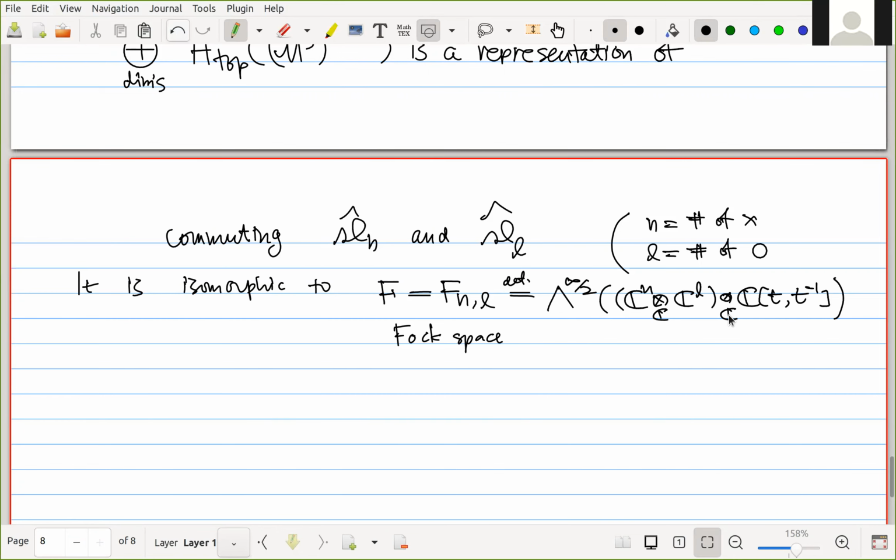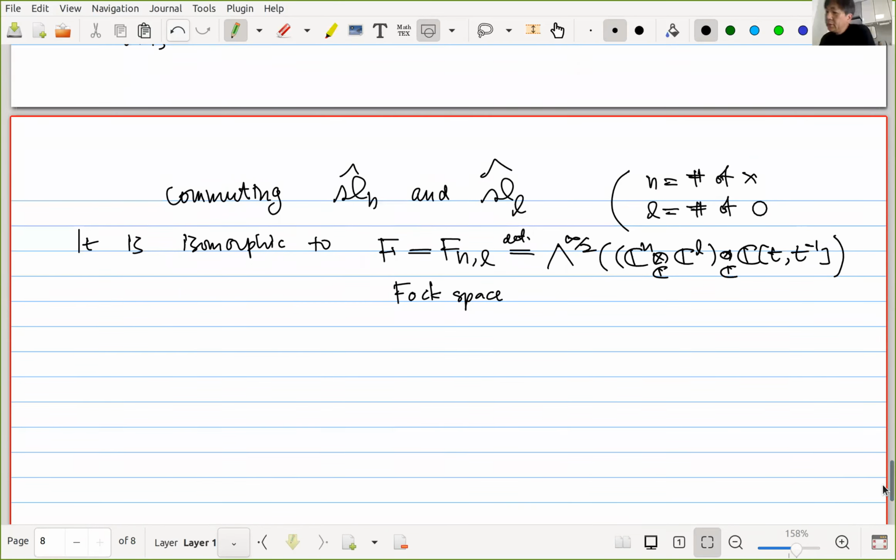So you see that if you just forget the C^L, then this is L copies, a direct sum of L copies of C^n tensored with these Laurent polynomials.